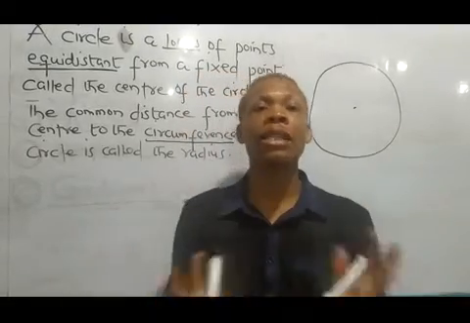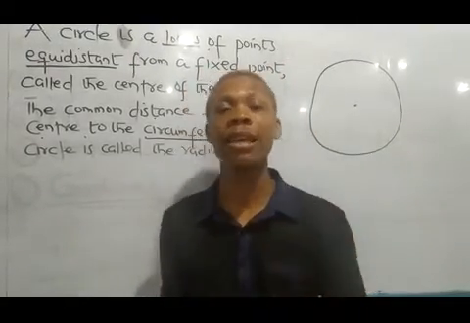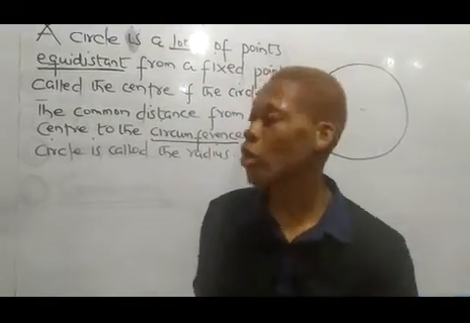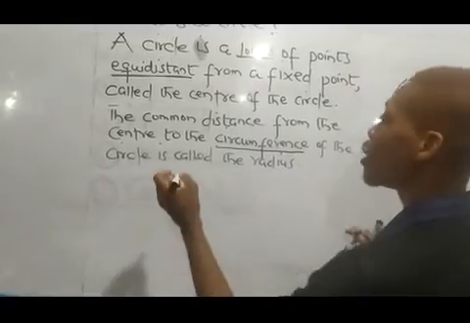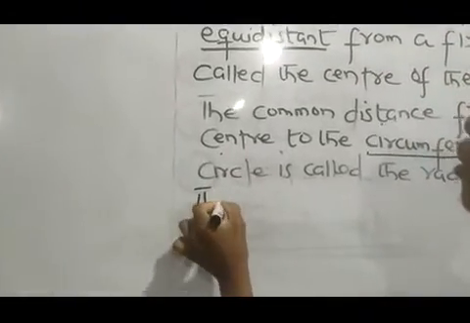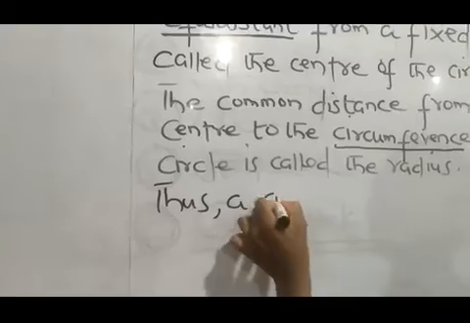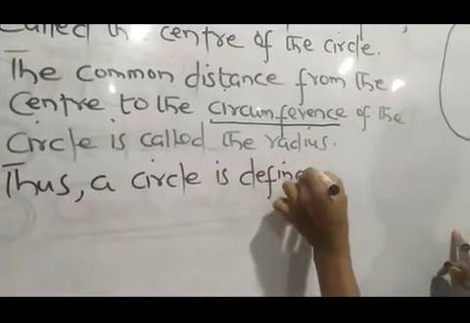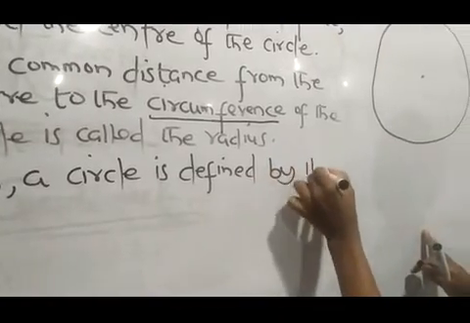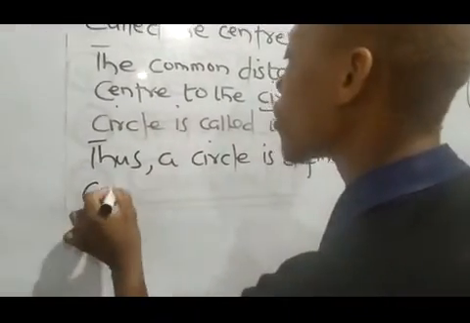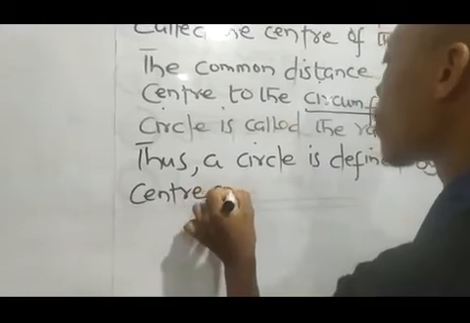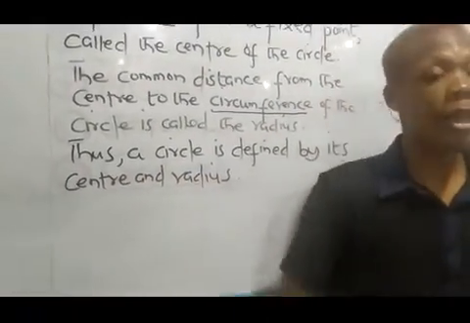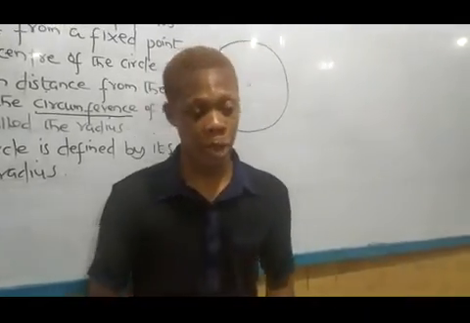And I finalized everything by saying a circle is defined by its center and its radius. So let me add that. Thus a circle is defined by its center and radius.